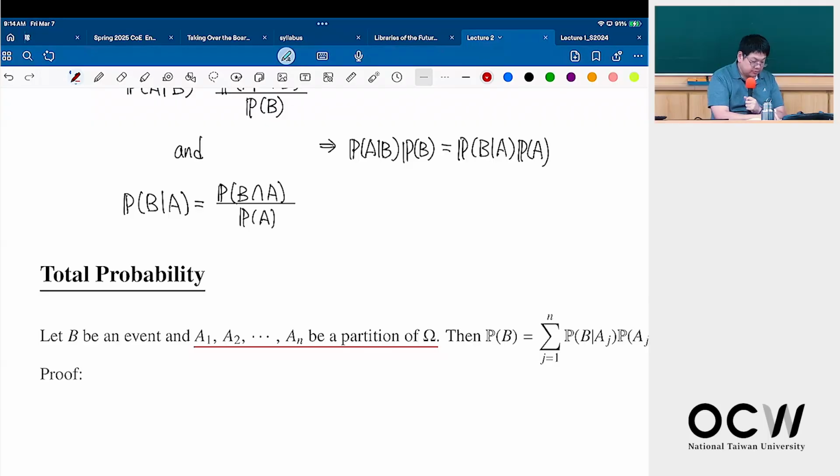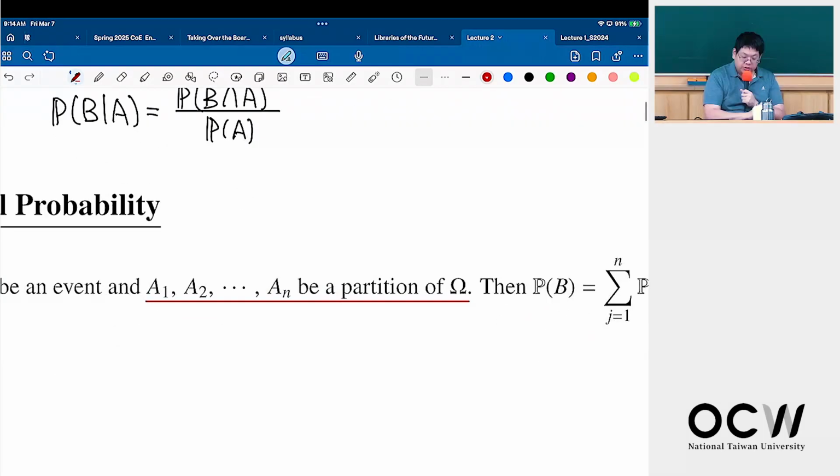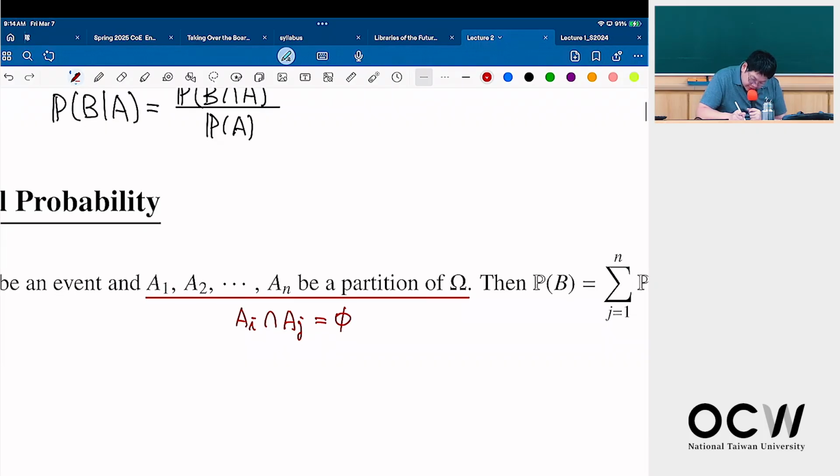The partition means each of their events is disjoint. Oh, sorry, the intersection of two different events will be an empty set.